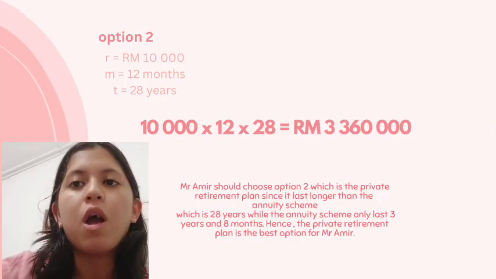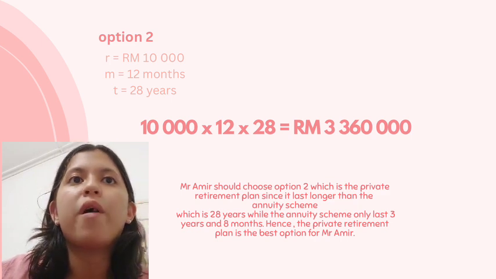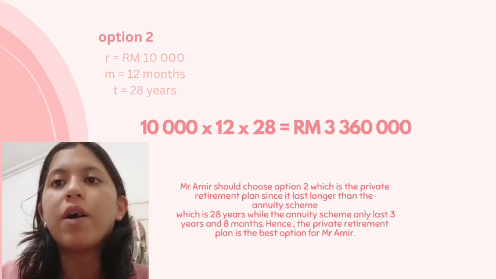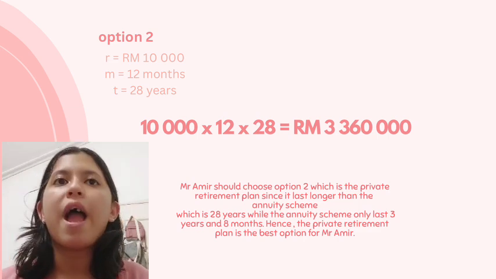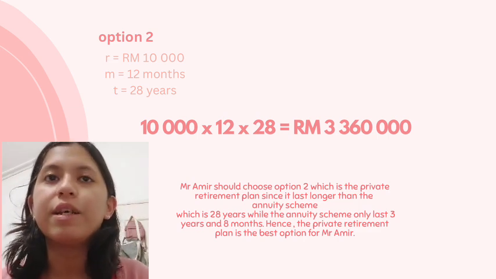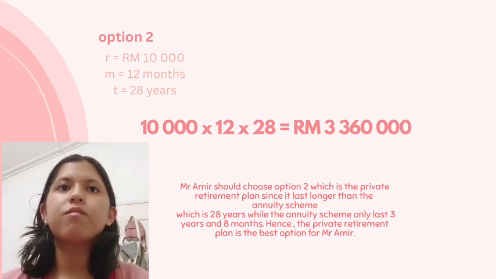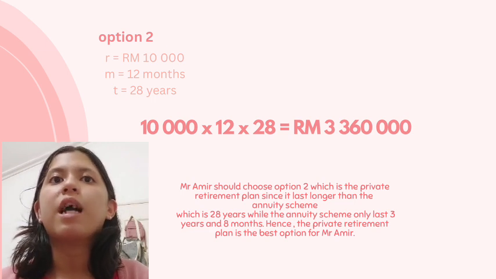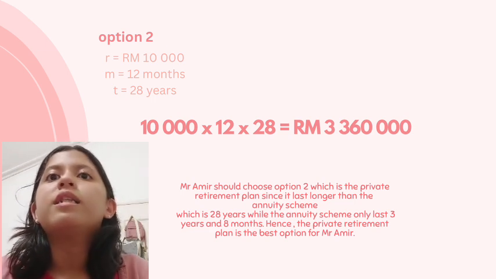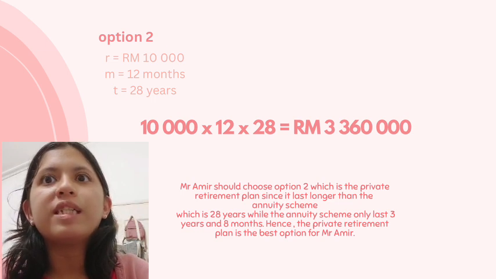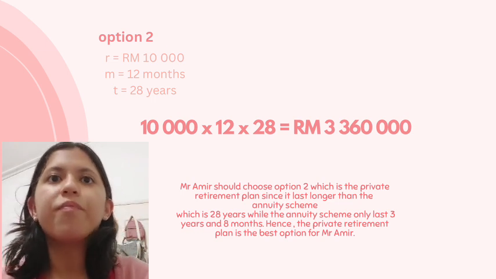Option 2, we first label the amounts of R, M, and T. R equals 10,000 ringgit, M equals 12 months, and T equals 28 years. 10,000 times 12 times 28, we get 3,360,000 ringgit.